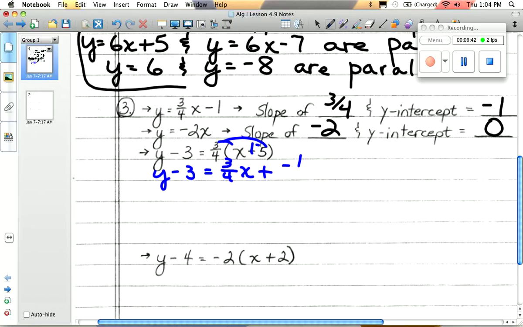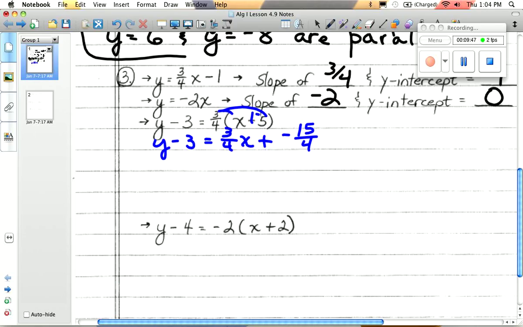Negative. So it's a negative 15/4. Also, let's make that into a mixed number because we're going to have to add 3 to both sides, and it's probably going to be friendlier as a mixed number. Negative 3 3/4. Because we're trying not to use our calculators, remember?